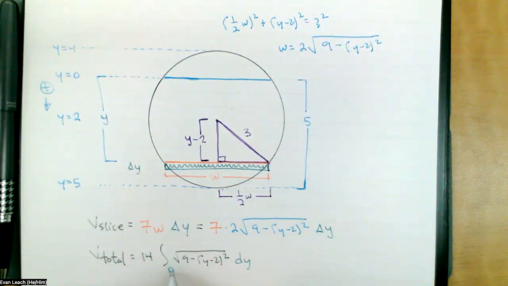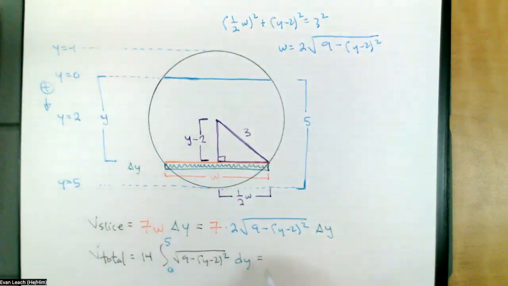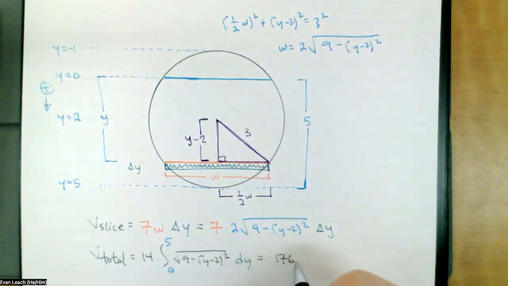That's where the water is in terms of y. Then I'll punch this into my calculating machine. And we get the same thing, 176.24 cubic feet.